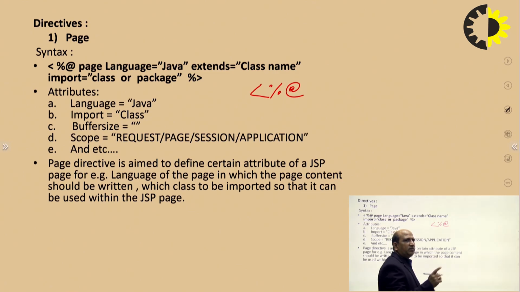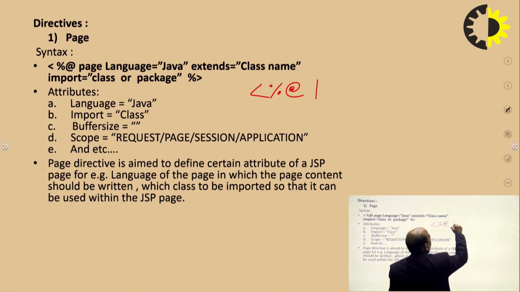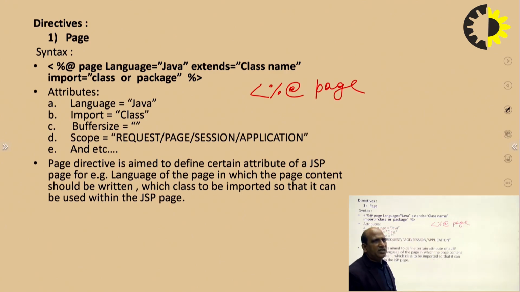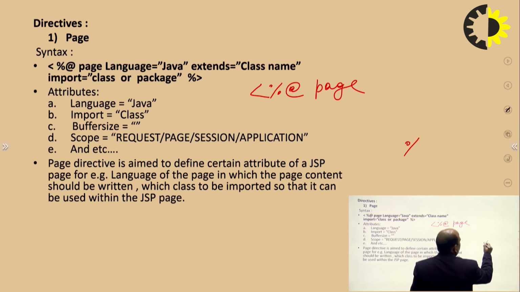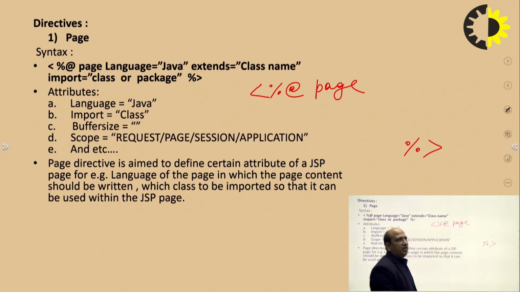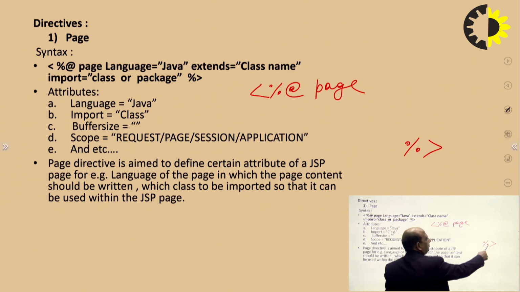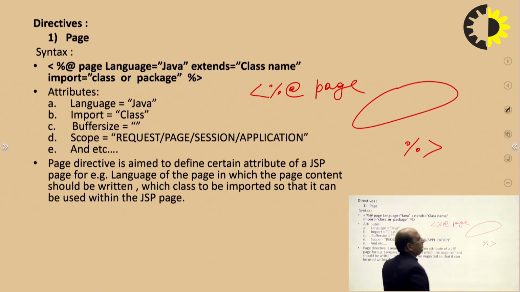And it is of page type, so after that you have to write page, which means this is the page directive. After using this page directive, let's close this tag with percentage and a closing angular bracket. Whatever things you write here are page directives.